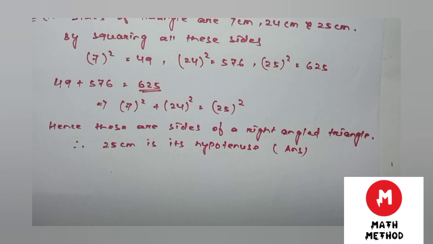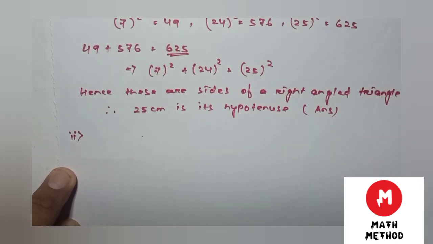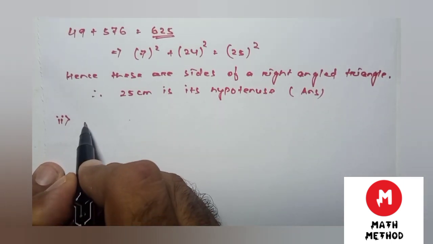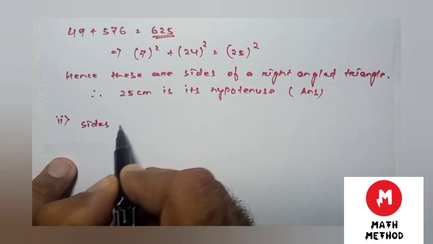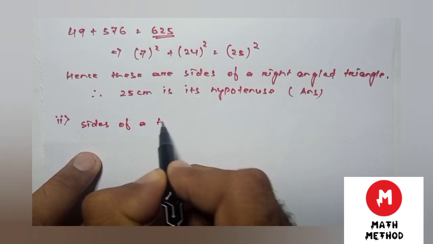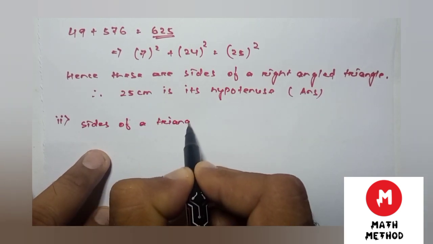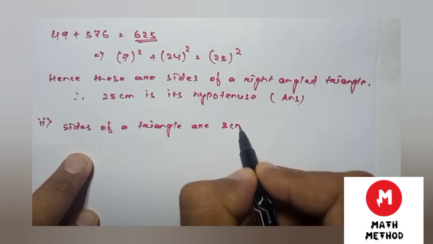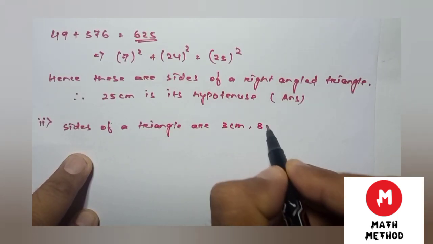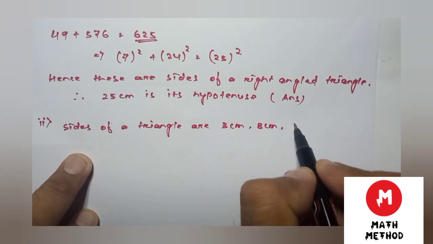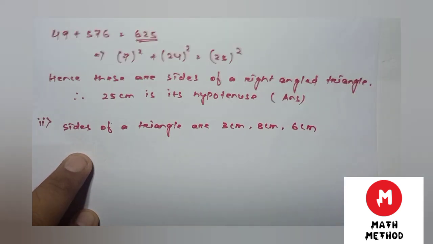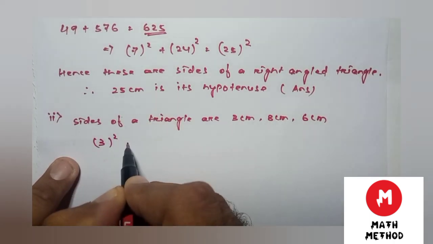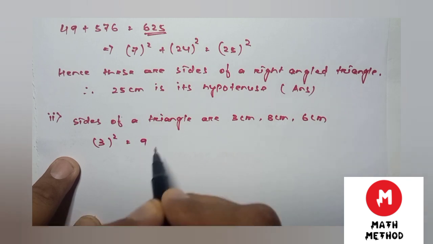Now part 2, which says the sides of a triangle are given: 3 cm, 8 cm and 6 cm. Now similarly, by squaring all three sides, we will get 3 square is equal to 9.